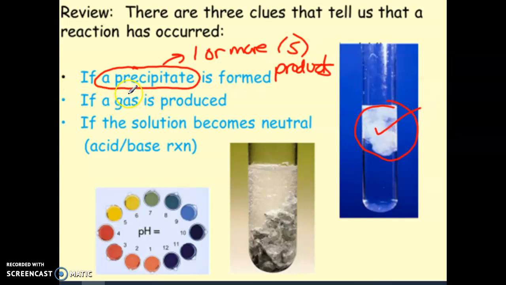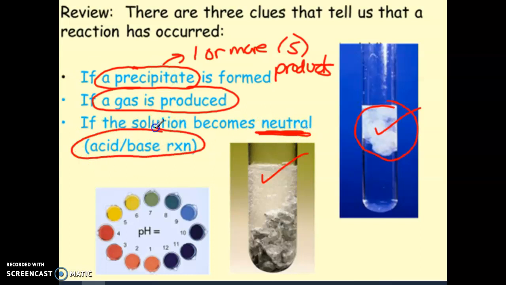Another scenario that will tell us that an observation is made for a chemical change is if you see gas bubbles, right? So if we see gas bubbles, we know a chemical change has occurred. The third one is if we have a neutralization happening.